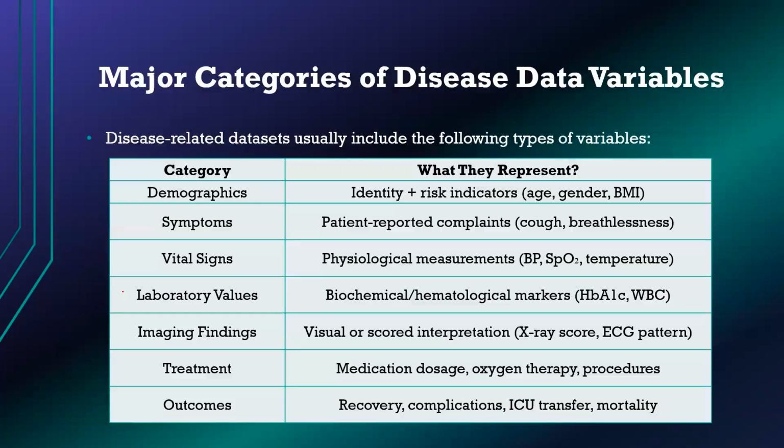So moving further, let us get a highlight of some major categories of disease data variables that you will generally find from different types of hospital records or histories. You can observe from this table that almost at every stage of patient doctor interaction or patient movement in the hospital wards or maybe laboratories, at every step different types of variables are gathered.